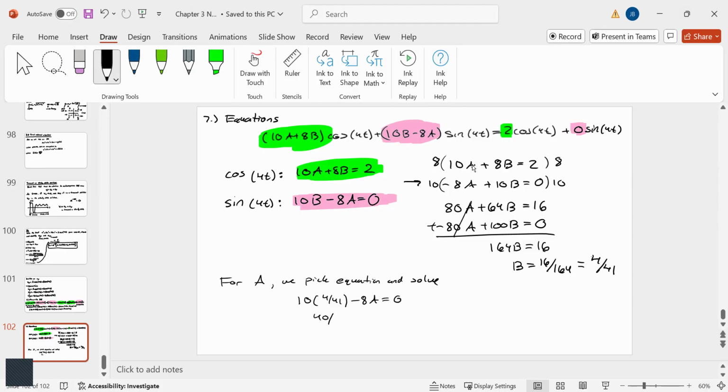So I get 40 over 41 minus 8A equals 0. 40 over 41 equals 8A. So then A is equal to 40 over 41 times 8, because I divided it over. And then from there, we're going to get 5 over 41. And so there are the undetermined coefficients.